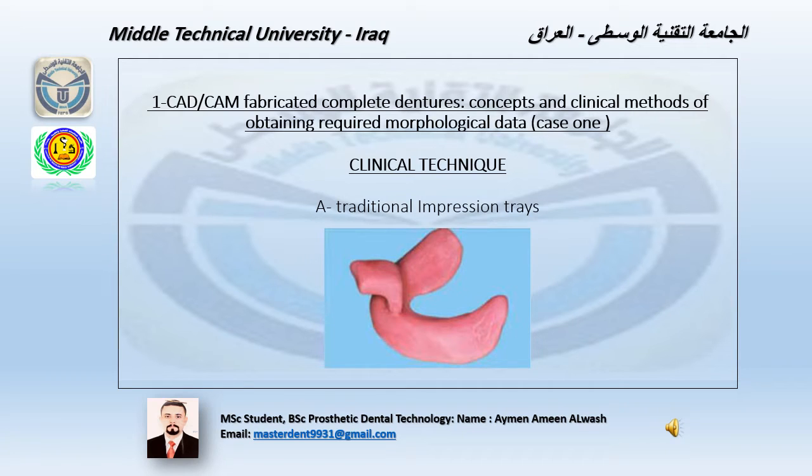A, traditional impression tray, the usual way that all of us deal with, for recording impression, by stock tray or special tray. But the traditional impression tray has disadvantages. What are the disadvantages of that traditional tray? Position of the handle: it passes vertically and turns inferiorly.